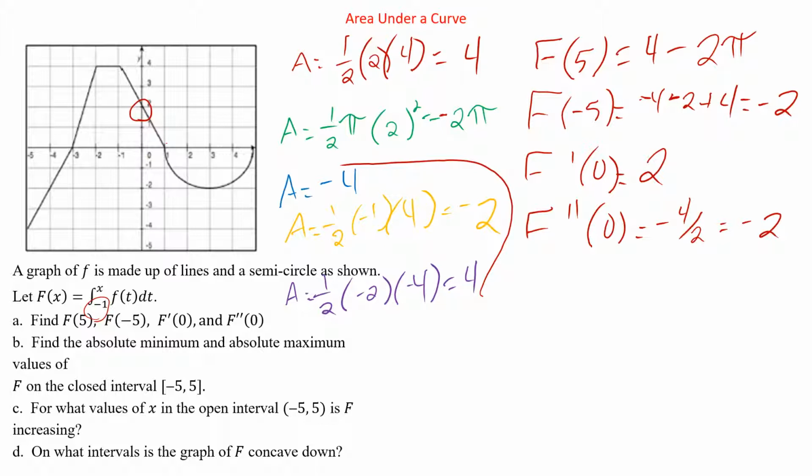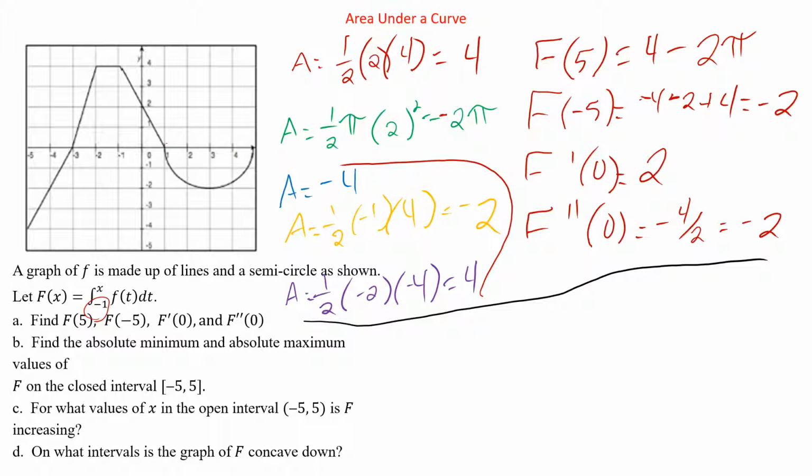Part B uses this stuff. Actually, we've found most of what we need here, especially since we have all of those pieces. So find the absolute minimum and absolute maximum values of f on the closed interval. So if we remember, these absolute maximum, absolute minimum values can happen at a couple different places.